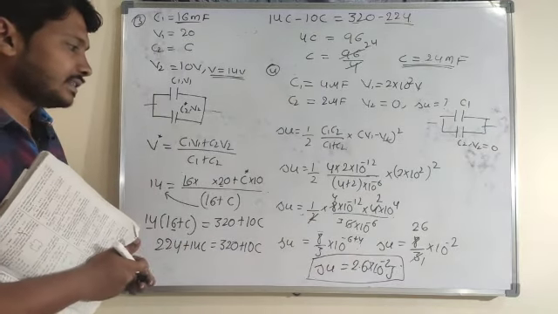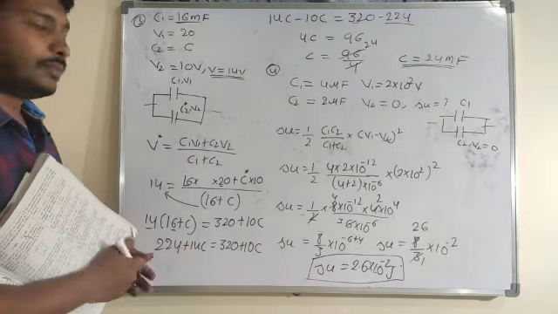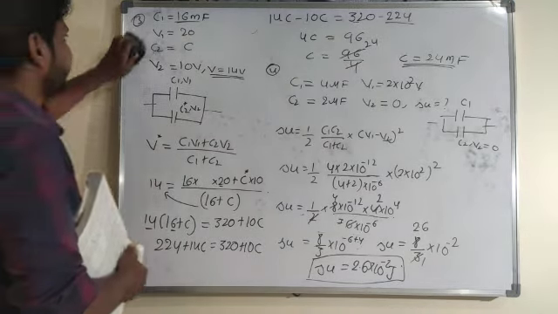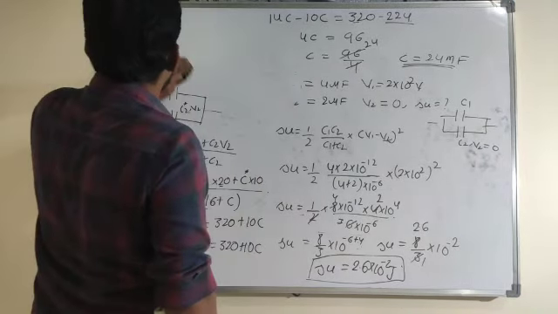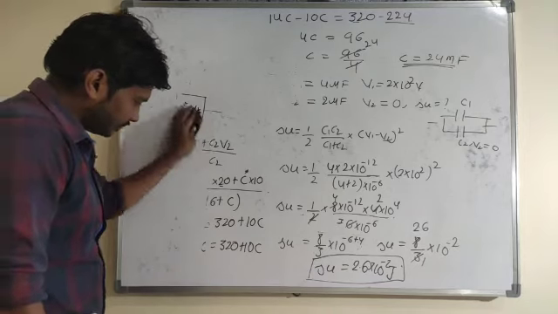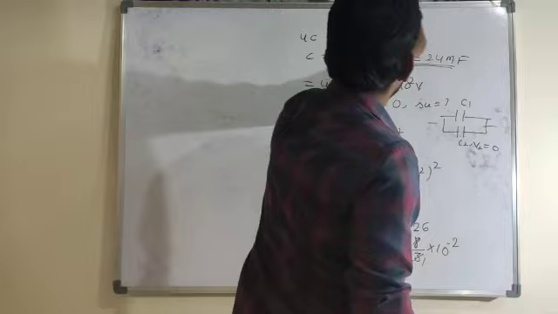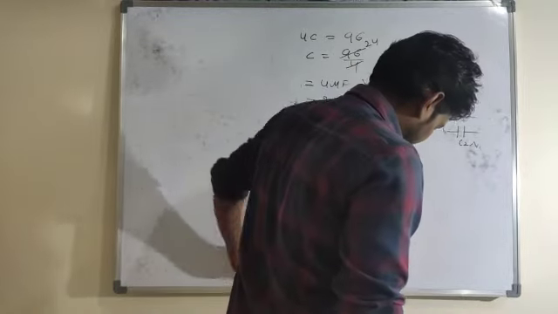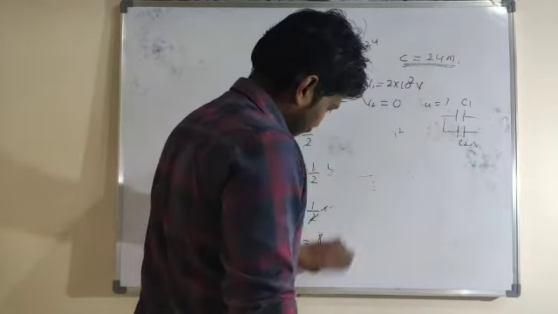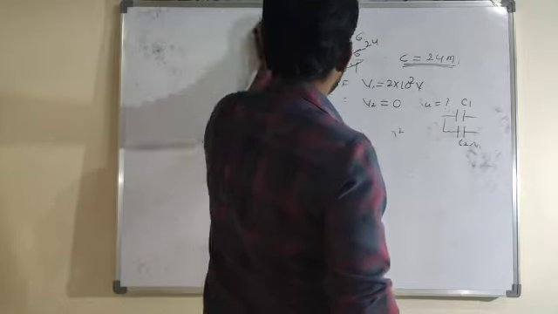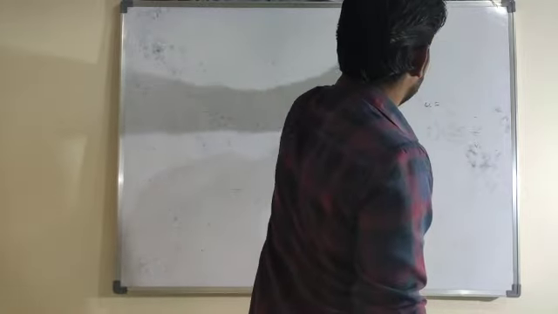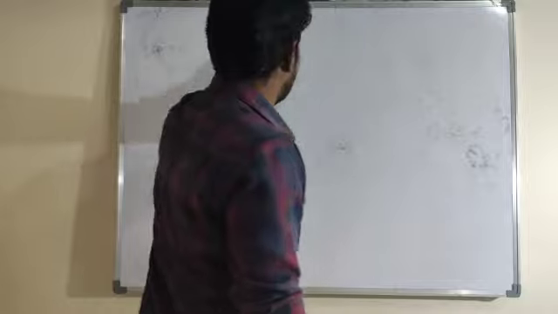So I got the answer: 2.6 into 10 to the power of minus 2 joules. Okay, we'll look at the next one.